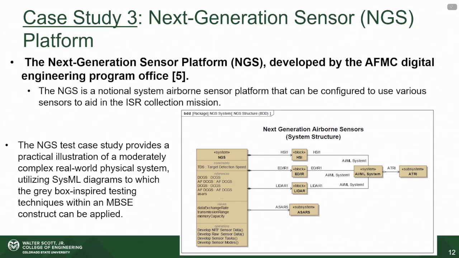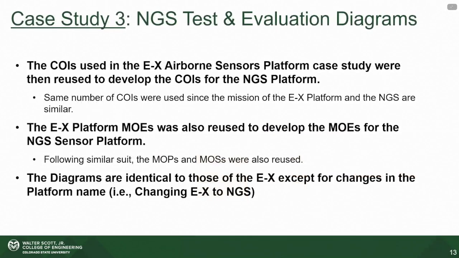Again, applying my gray box inspired testing techniques with an MBSE framework, I utilized the SysML diagrams and was able to create the system behavior and structure models, and apply the AFOTEC methodology across the range of these system complexities.